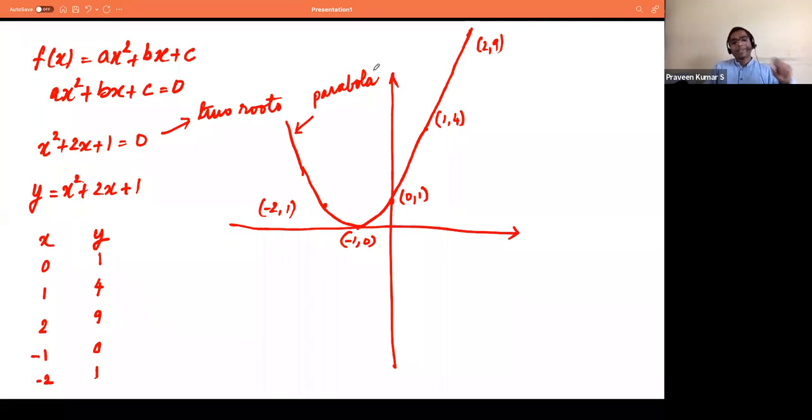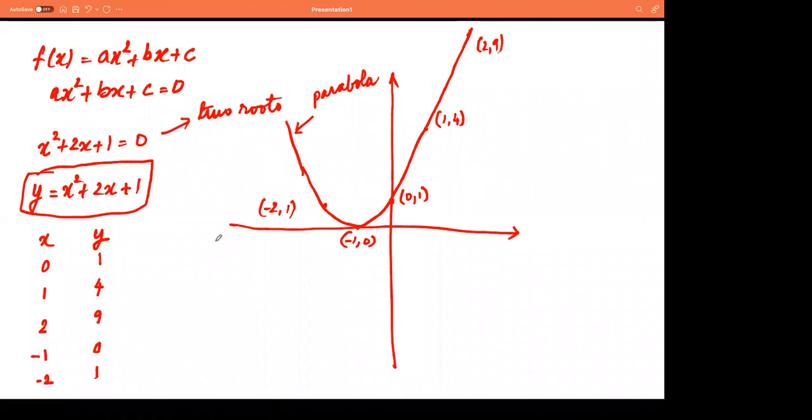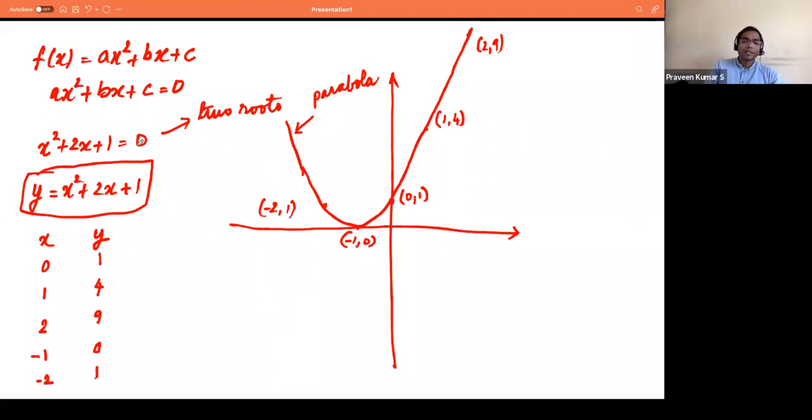So a quadratic expression, x square plus 2x plus 1, is represented by a parabola. Now, when you say it is equal to 0, the moment you convert that into an equation, you are drawing the x-axis and observing where the x-axis cuts this curve, this parabola.